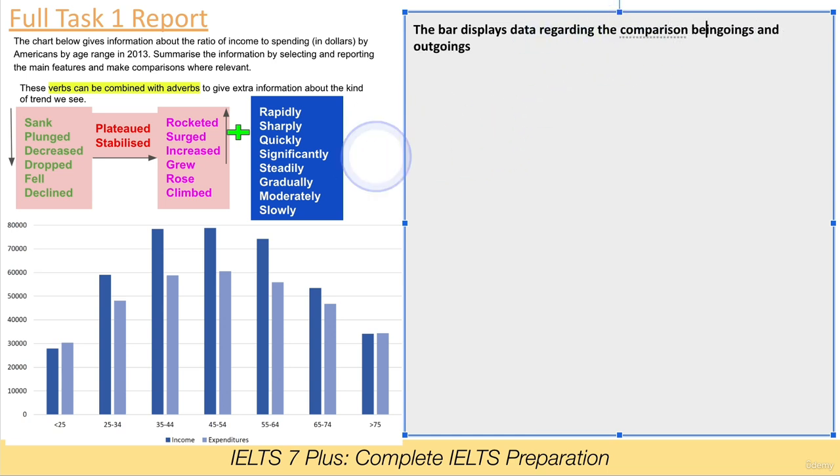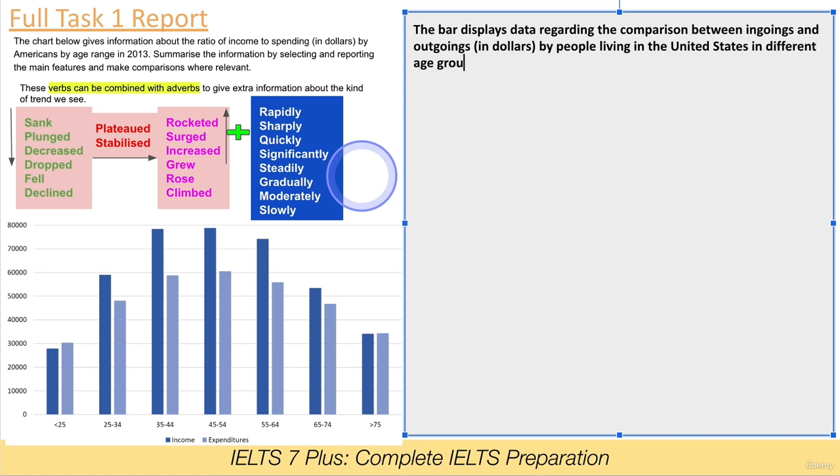Maybe the comparison between ingoings and outgoings in dollars. We can't paraphrase that, that's okay. We don't need to paraphrase every single word here. By people living in the United States in different age groups in 2013.